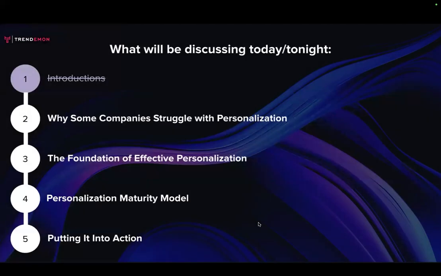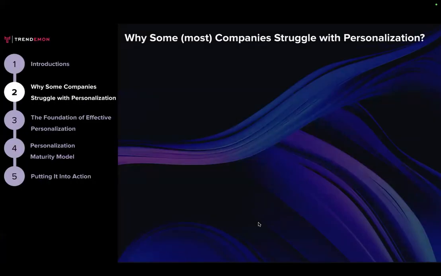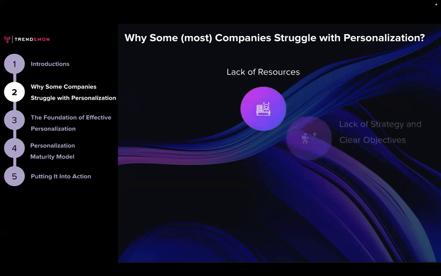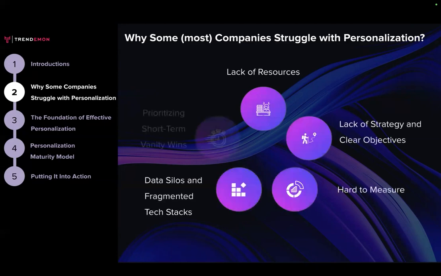I would mention that in recent years, they have been merging into single solutions. But just to help orient us on where we are on that. Okay, introductions done. Let's talk about some struggles. Working with a lot of different customers at different stages, what are the key pains that you see companies confront when it comes to personalization? I would say that one of the main things is bandwidth. Teams realize more than ever that personalization is needed.